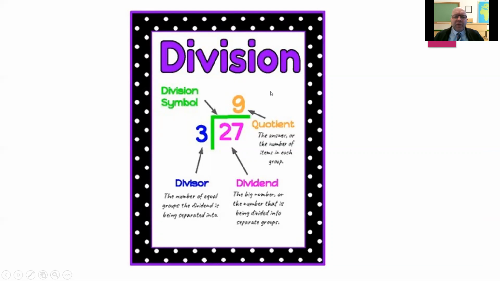The other division symbol is the line with a dot above it and below it. But for this particular working out, our division symbol is the bus stop, this frame. So the big number is the dividend. The number we're sharing into it is the divisor, and the quotient is our final answer.